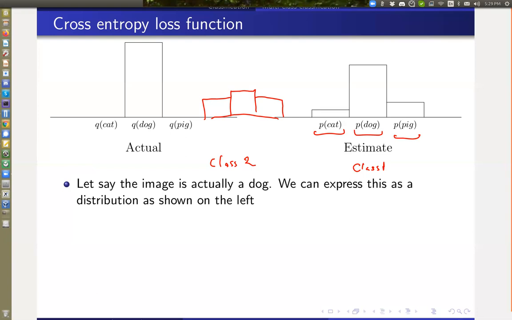So let's say question 2 or question 3: which classifier is better?